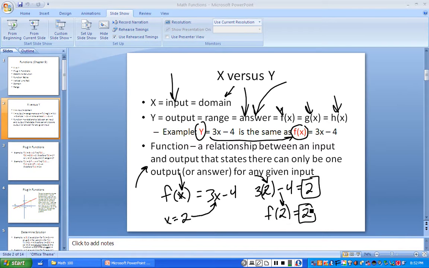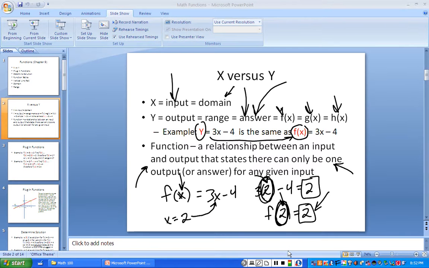Now, again, going back to explaining this definition, all it says is that as long as I plug 2 into this function, my answer will always be 2.